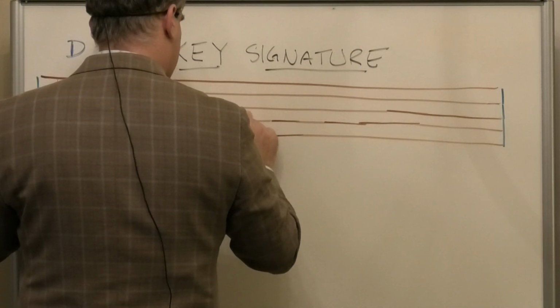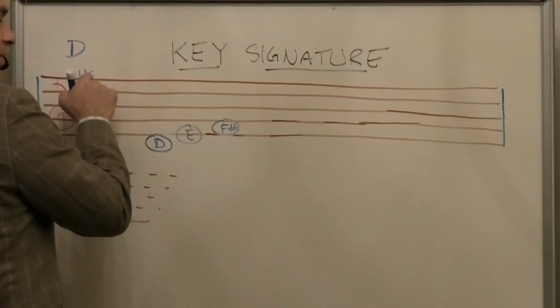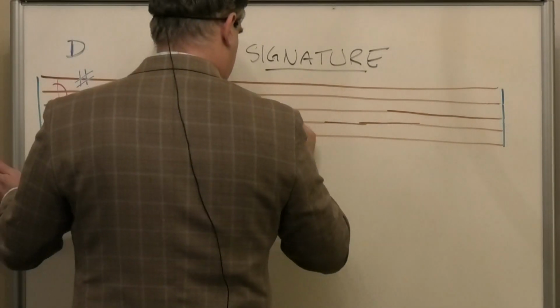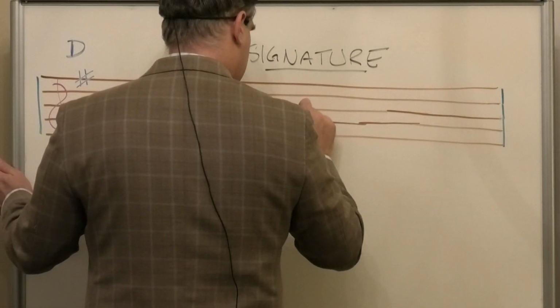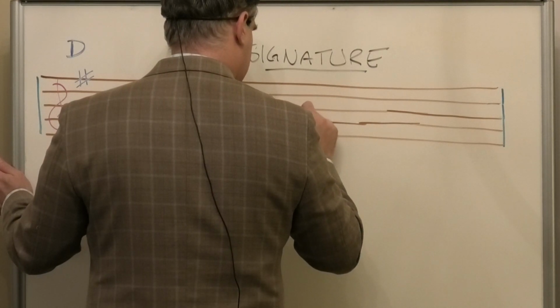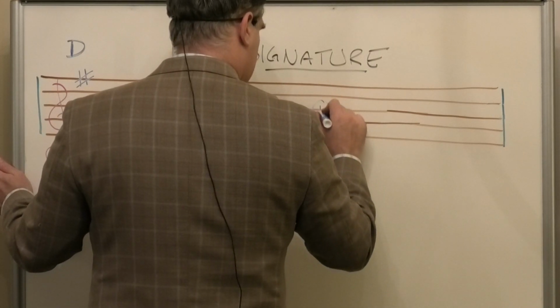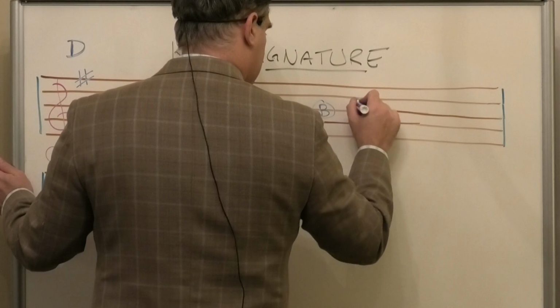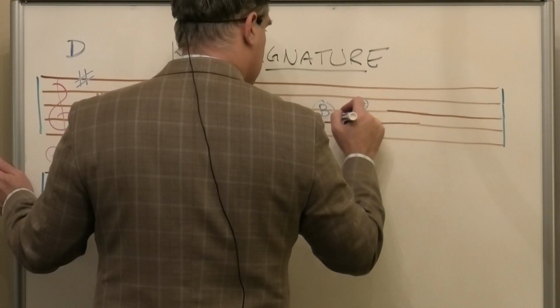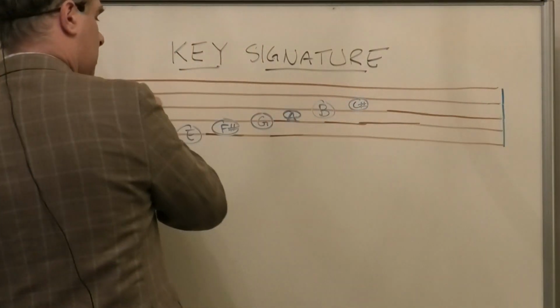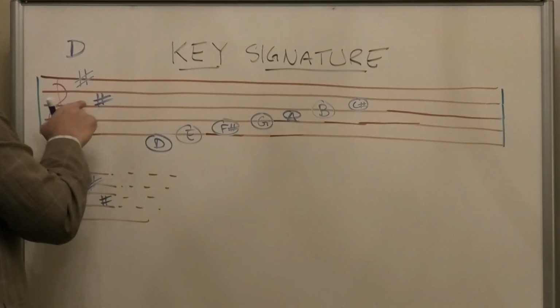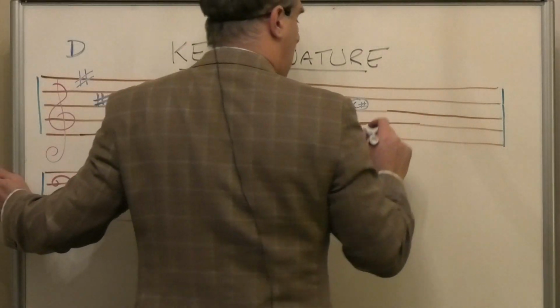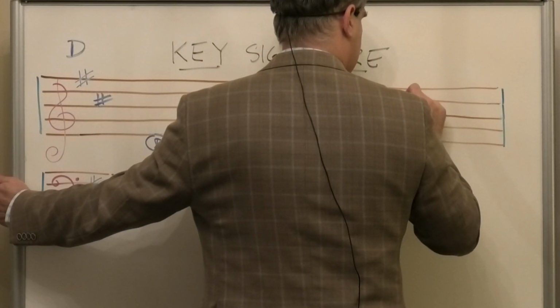I don't need to sharp it outside here because it's already sharped up here. G, A, B, C sharp. Make sure you say sharp. I don't need to add a sharp right here because it's already right here at the key signature. And then the octave, D.